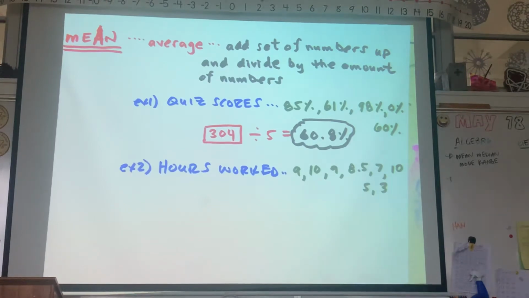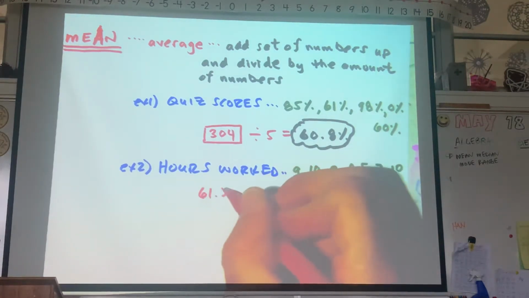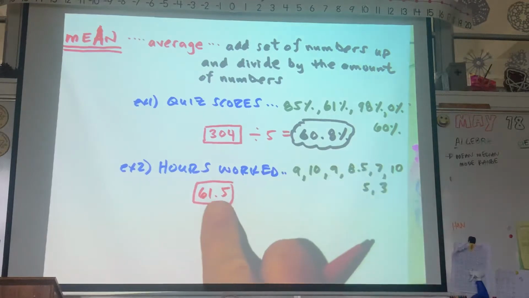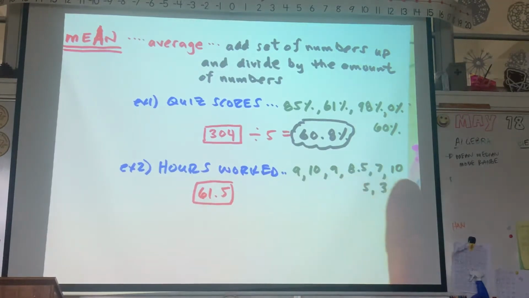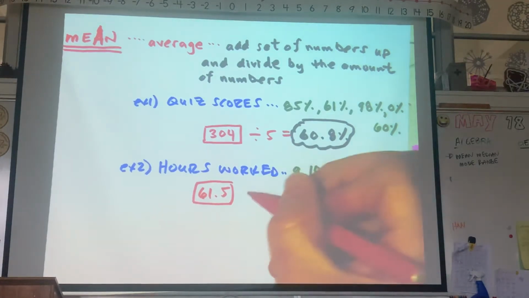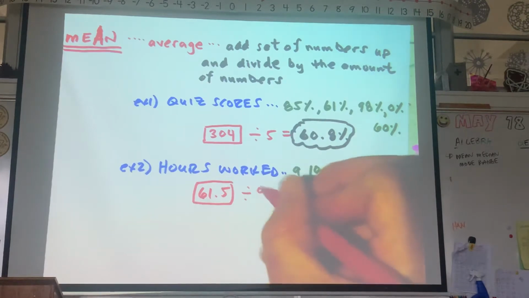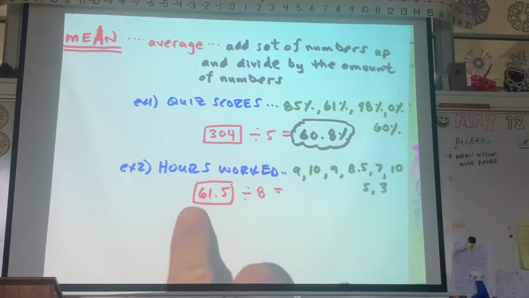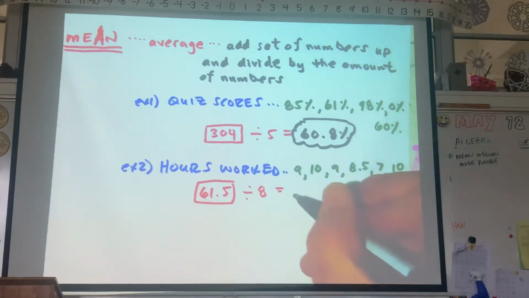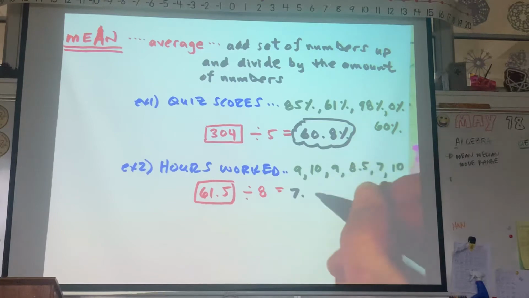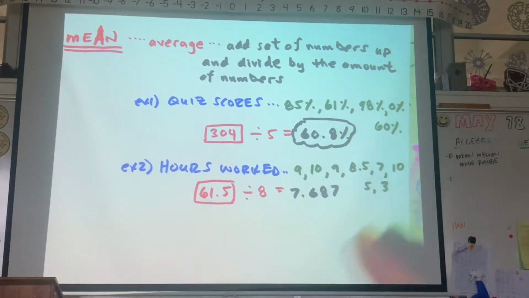You should have gotten 61.5. That's what you should have gotten when you added all the amount of hours worked, okay? And we're dividing that by 8. And on your calculators, when you do 61.5 divided by 8, you should have gotten 7.687, and maybe a couple other numbers on there.